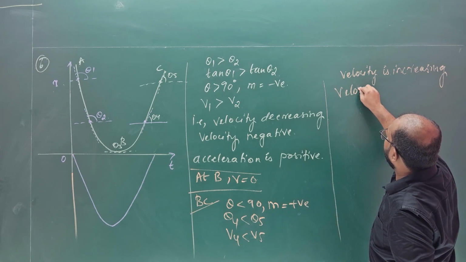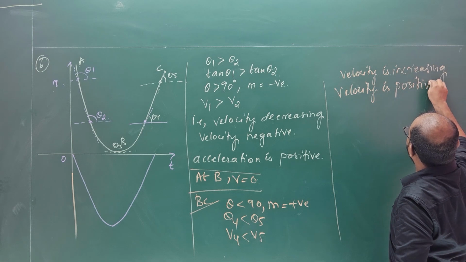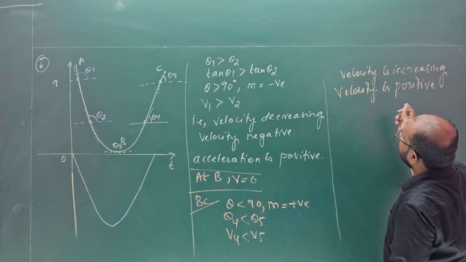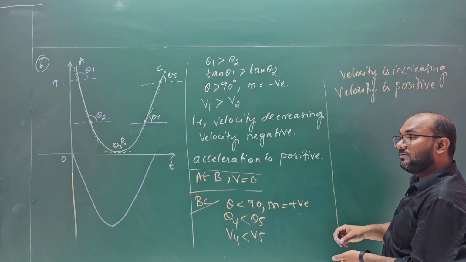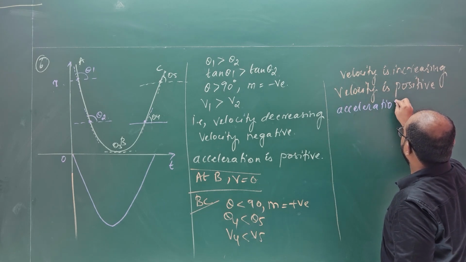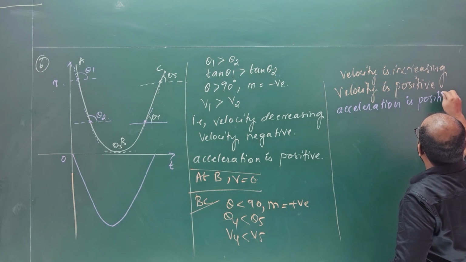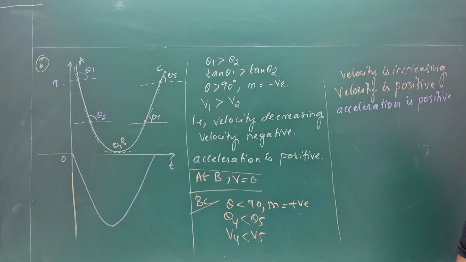So velocity is towards positive. Is it increasing or decreasing? Increasing. Then what will be the direction of acceleration? Positive. So acceleration is positive. This time, is the body retarding or accelerating? Accelerating. Yes, very good. Understood?